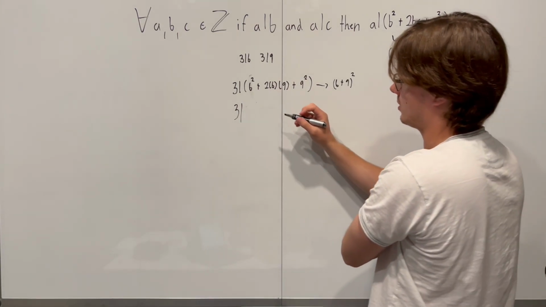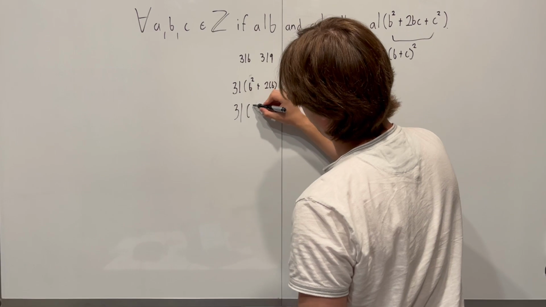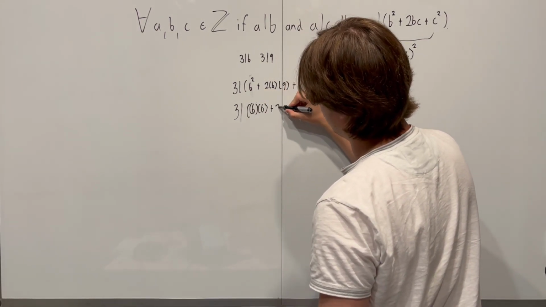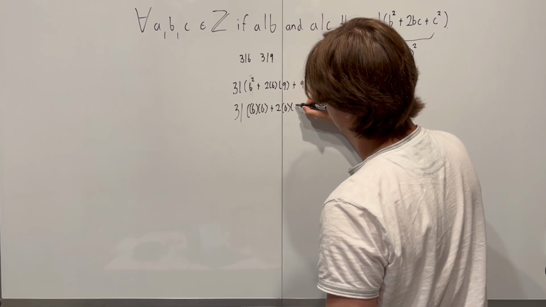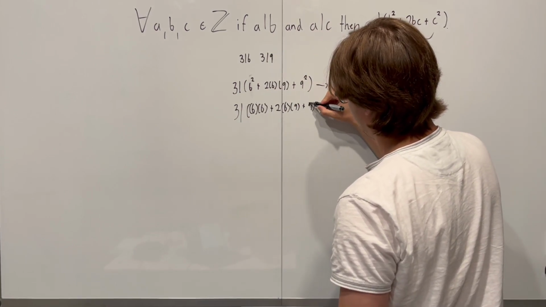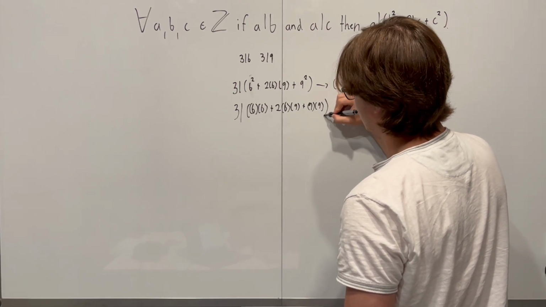So we can quickly expand those to say this is the same as asking 6 multiplied by 6 plus 2 multiplied by 6 multiplied by 9 plus 9 multiplied by 9.